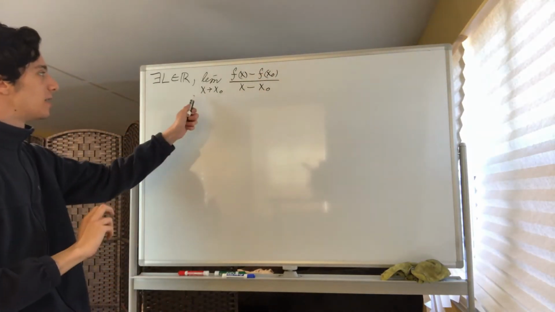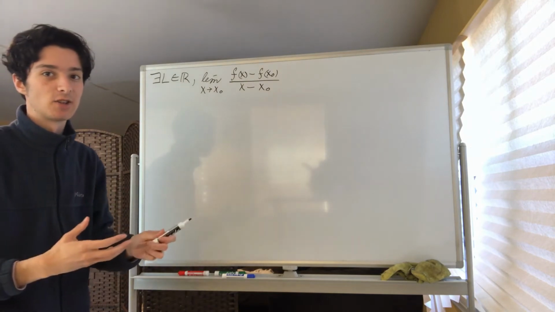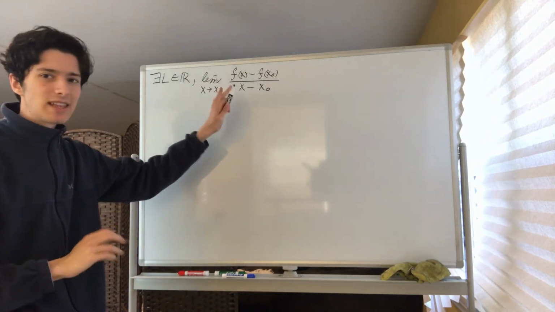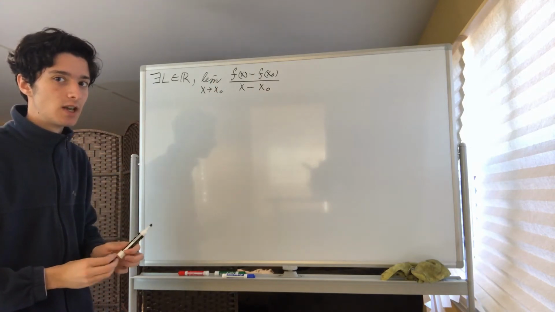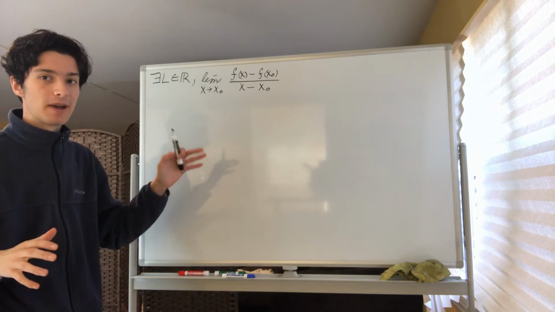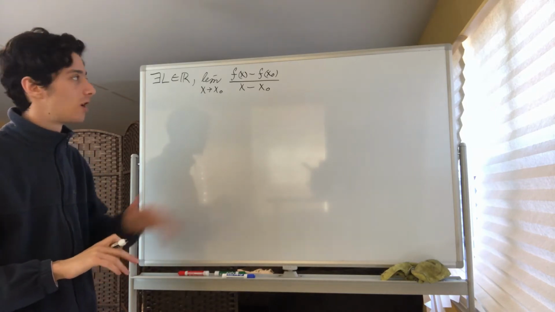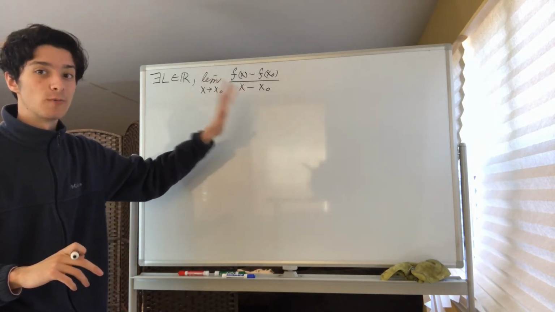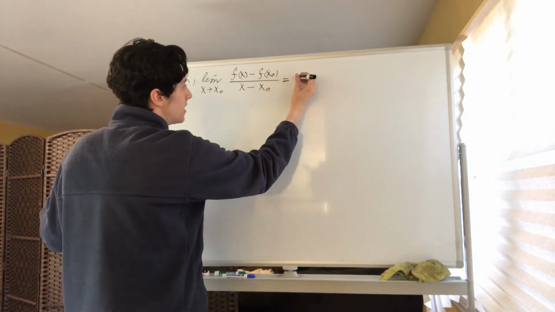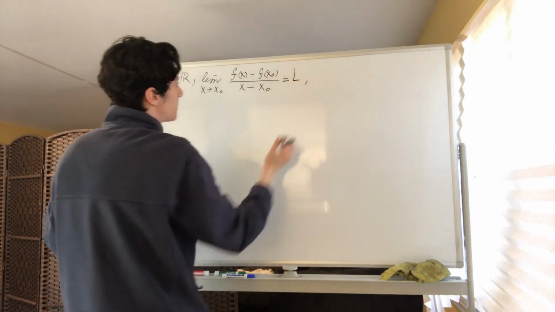And we're looking at the limit as x approaches x naught. So these 2 points are getting closer and closer together. This is a slightly different limit definition, or derivative definition, from my last video, but this also conveys the same idea, which hopefully has been communicated.